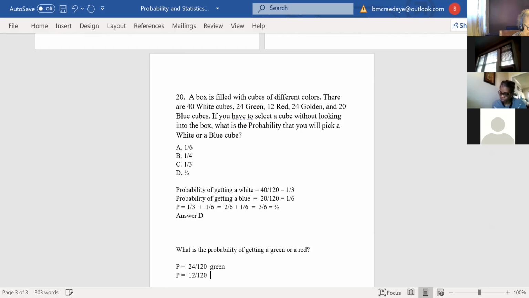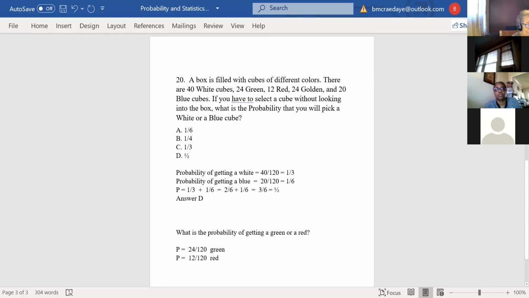If you add them together, what do you get? 36 over 120. What's that equal to? 0.3. Yes.